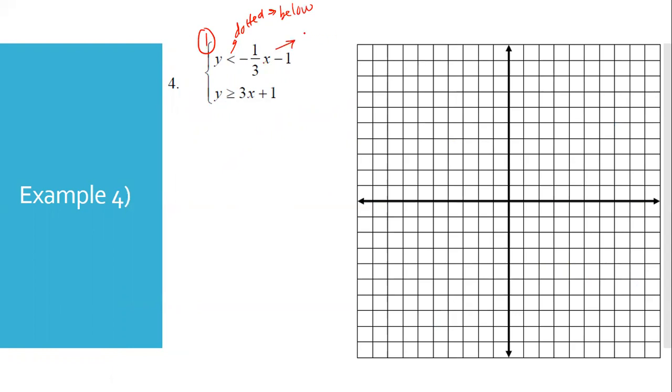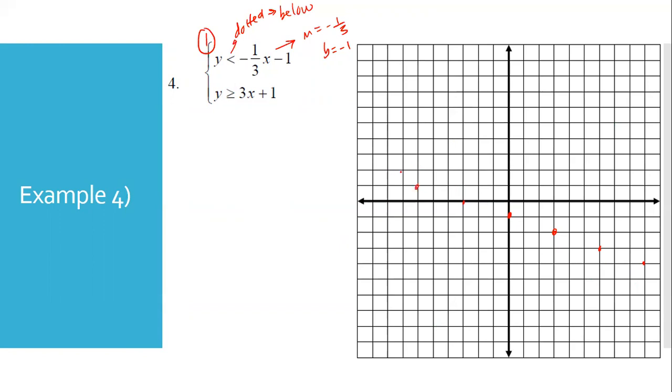And then from here, my slope equals -1/3. And my b equals -1. So all of that I've identified, I'm going to use it. So I'm going to begin at -1. And I'm going to go down 1 and right 3. Down 1 and right 3. Down 1 and right 3. Reverse it, up 1 and left 3. Up 1 and left 3.